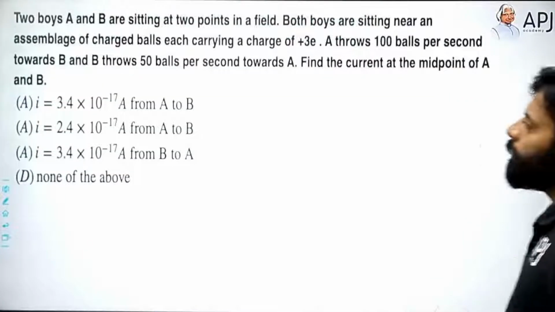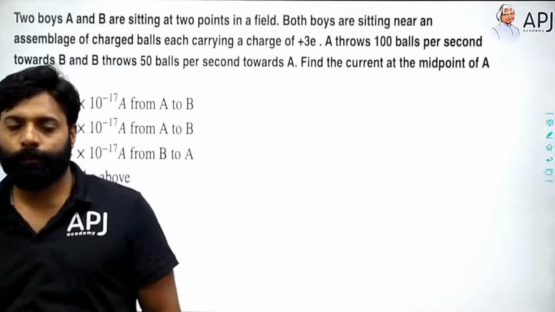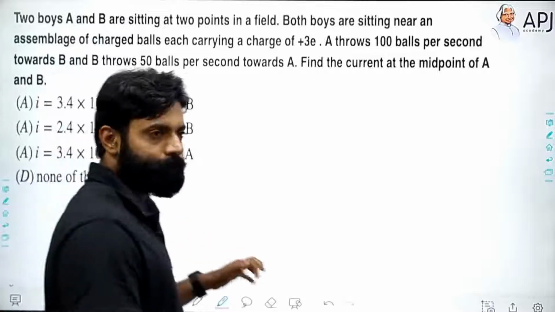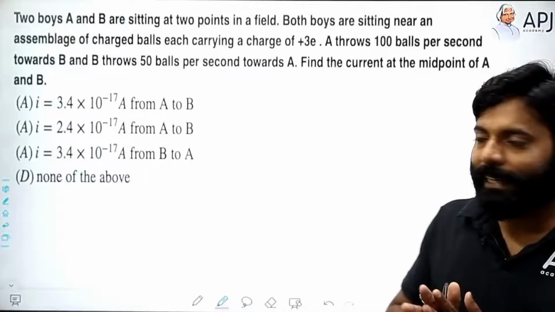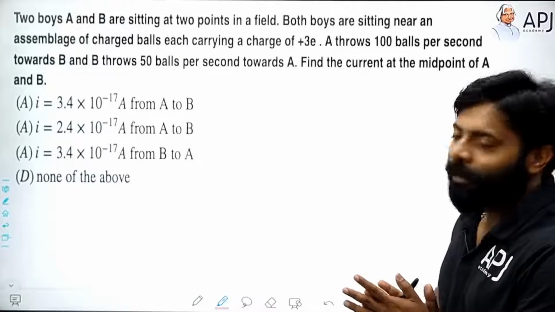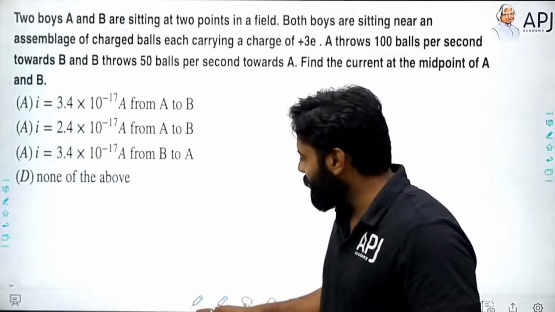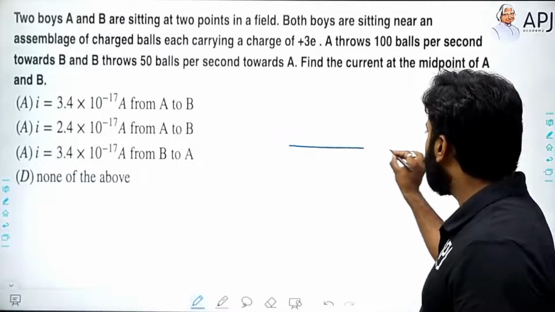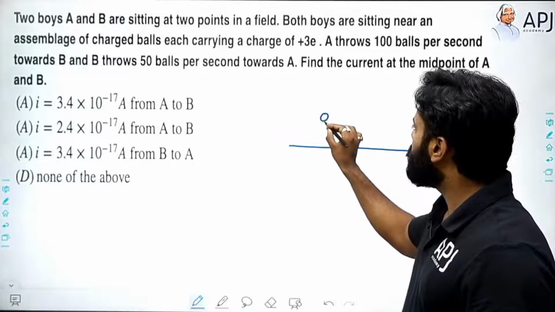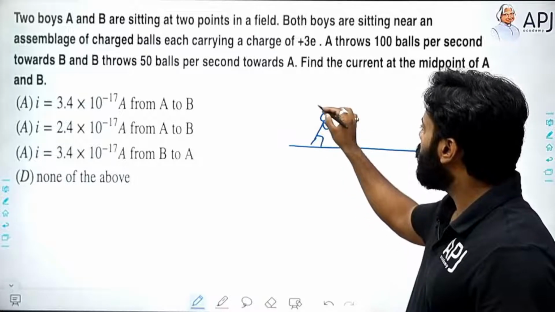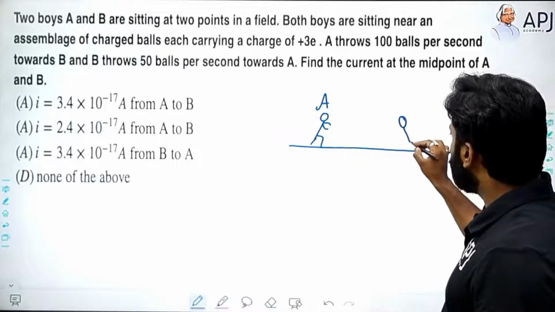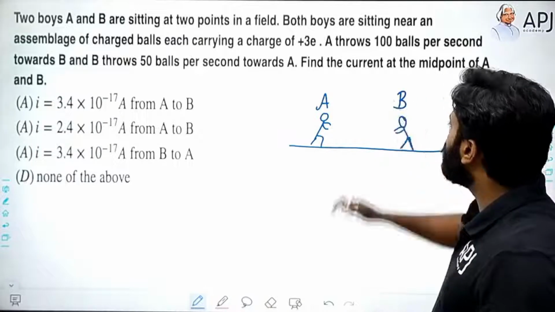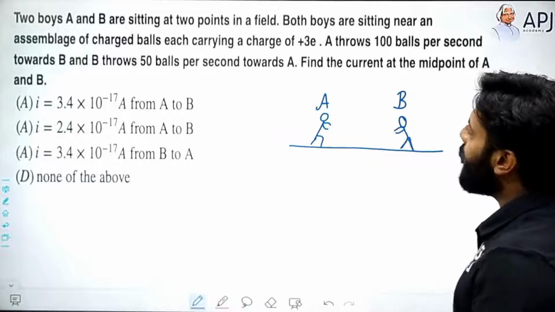We are moving forward. Now, this question is also very important. Please read this question. Here, what is given to you is that there are two boys, A and B, sitting at 2 points in a field.